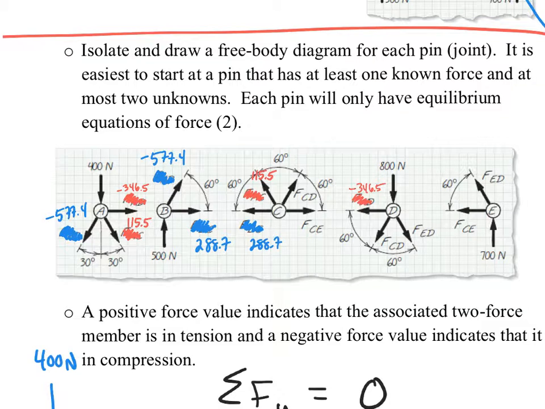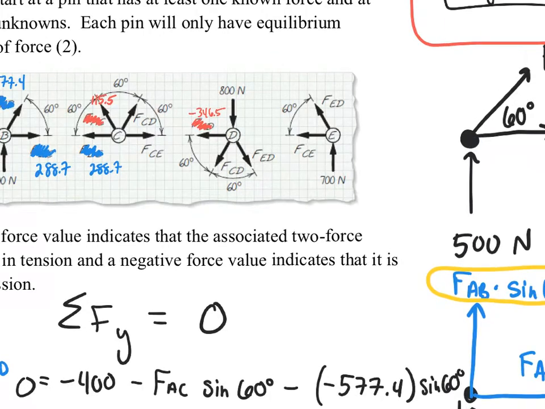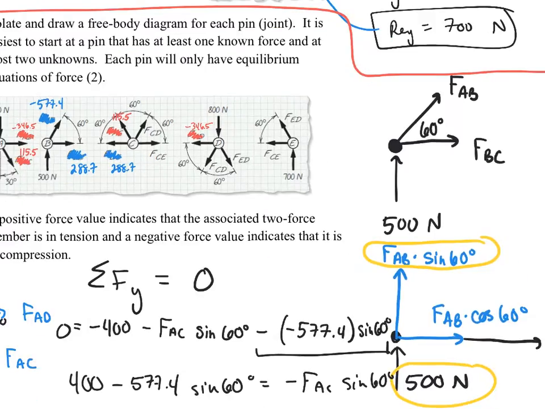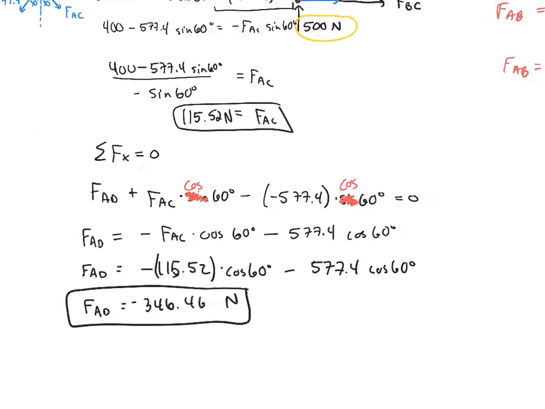We'll get node E. So let's take a look at node E. Only 2 unknowns, so we can definitely solve. FED acting at 60, FCE acting to the right.